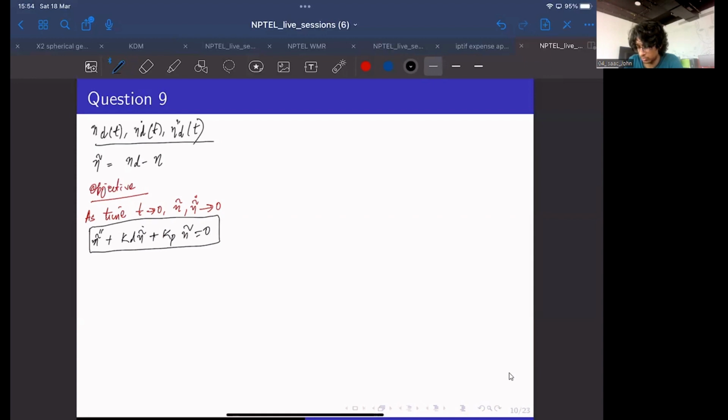And provided KP and KD are greater than 0, the response of the system would look something like this: eta tilde of t would be C1 e raised to S1 t plus C2 e raised to S2 t.